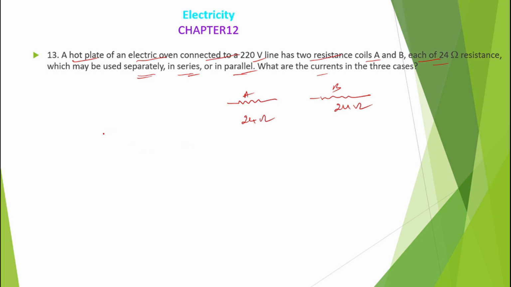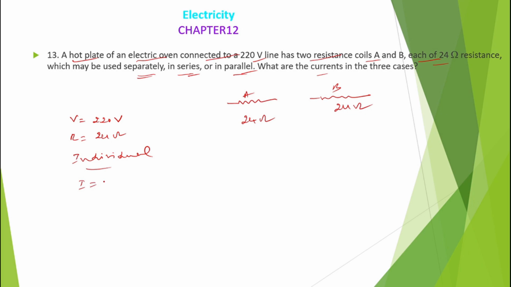So okay, what has he given? V, he has given 220 volt, and resistance he has given 24 ohm. Now for individual, what will you get?